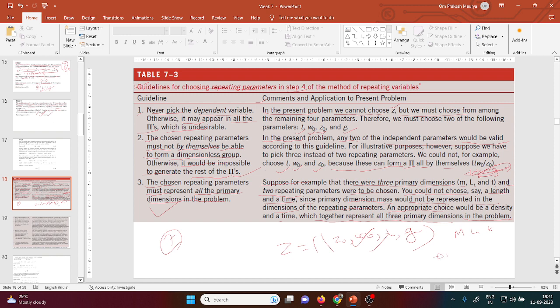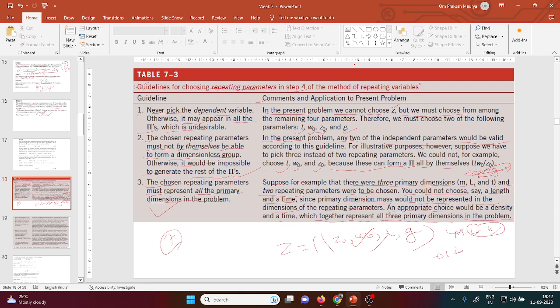What will you do? You cannot choose length and time, because all 3 dimensions are involved in the problem itself. Since the primary dimension mass would not be represented in the dimensions of the repeating parameters, in time and length, mass is not represented.